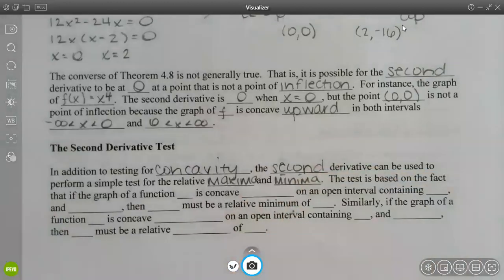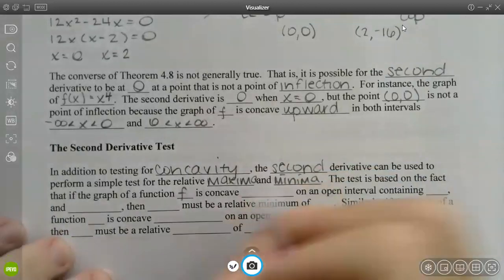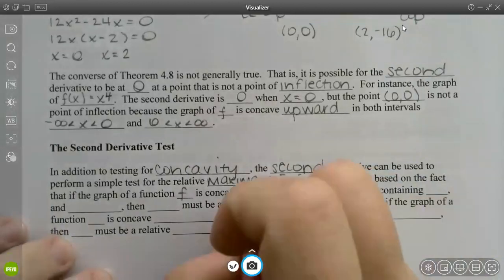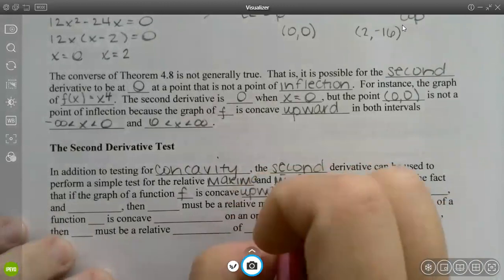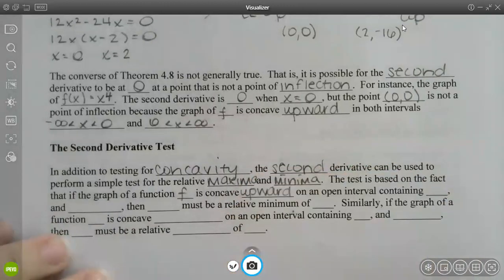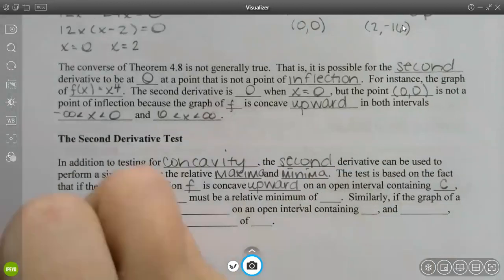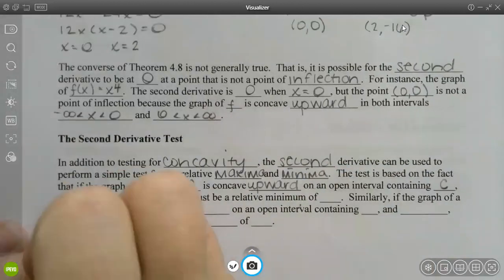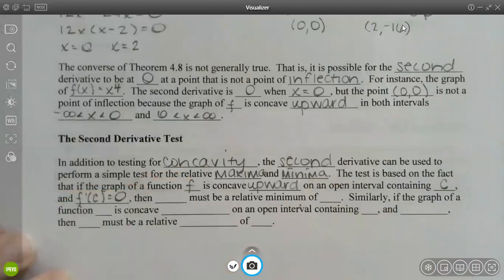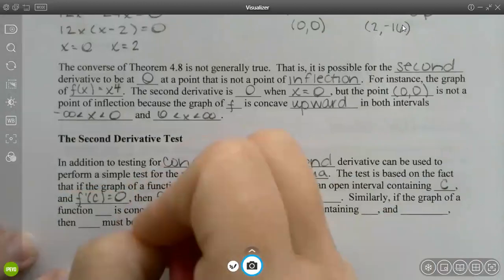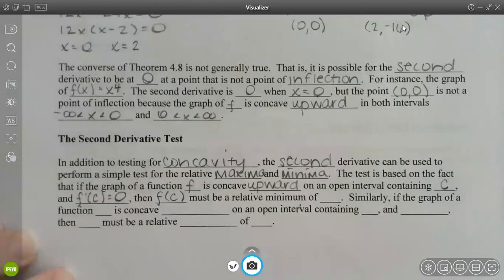The test is based on the fact that if the graph of the function f is concave upward on an open interval containing c, and f prime of c equals 0, then f of c must be a relative minimum of f.